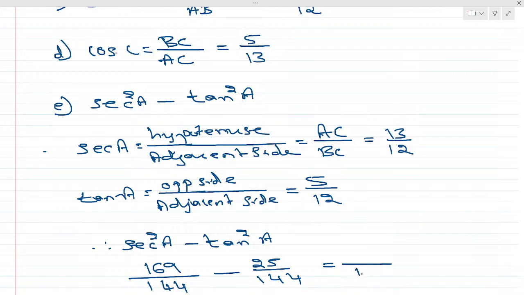So 169 minus 25 is 144 over 144. Answer is 1.